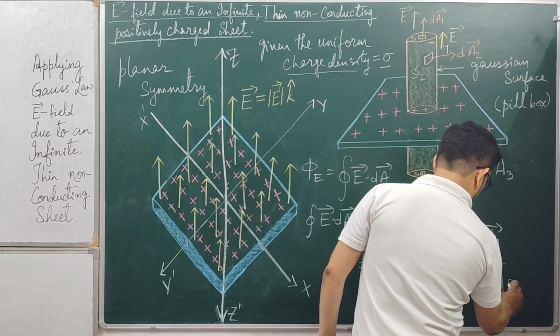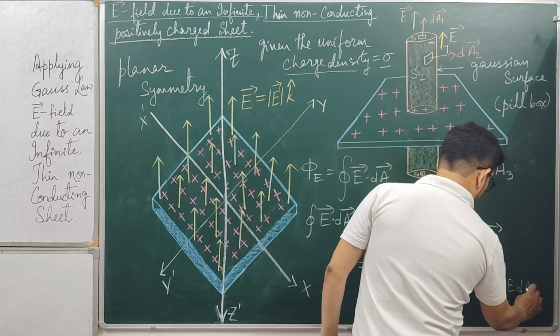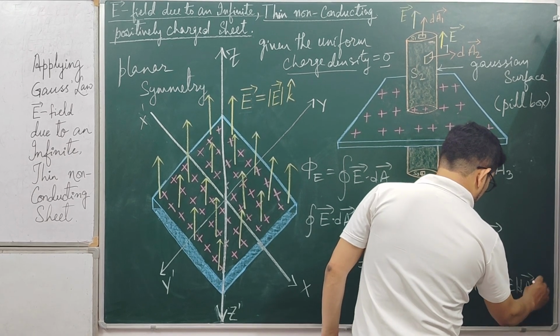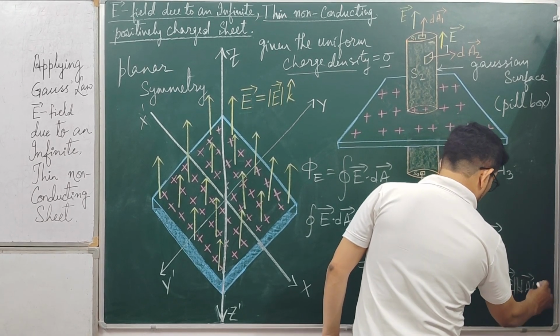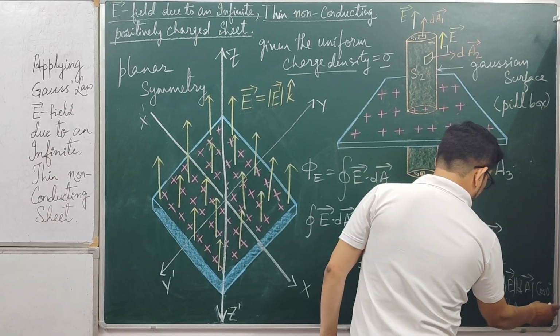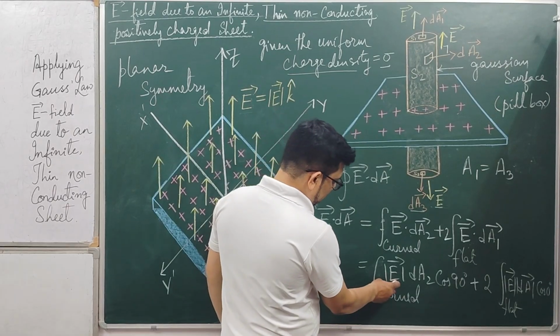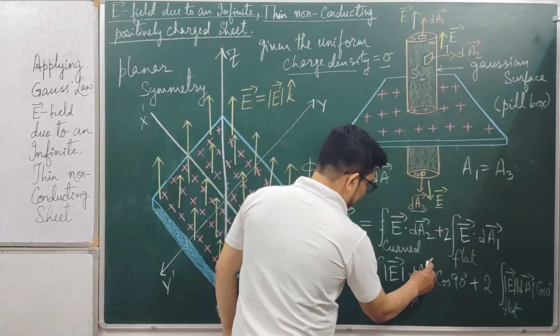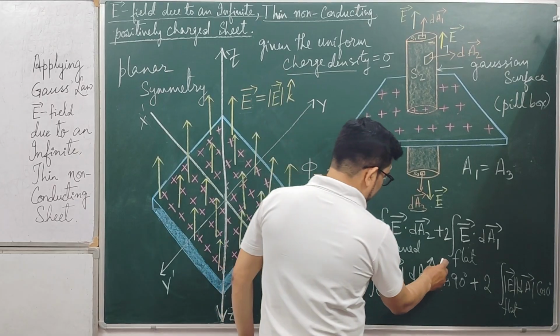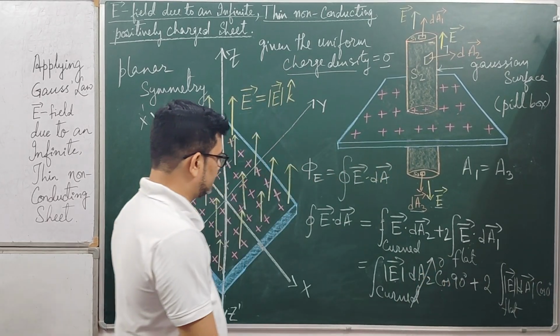So it's going to be the magnitude of E vector times dA, cos 0. So we are going to have the value E dA. Now here cos 90 is 0, everything goes to 0. So for the curved one, it's going to be 0.